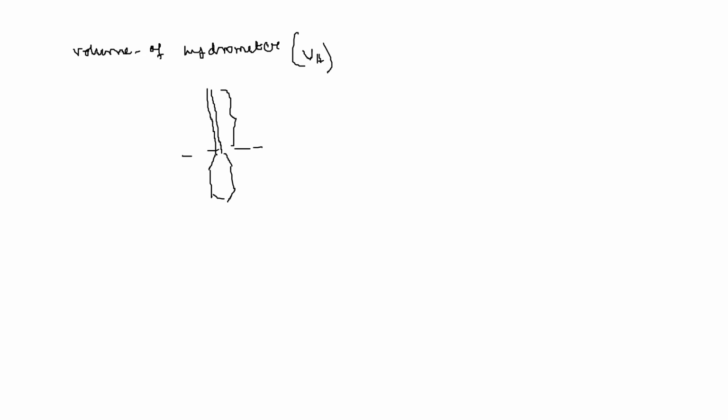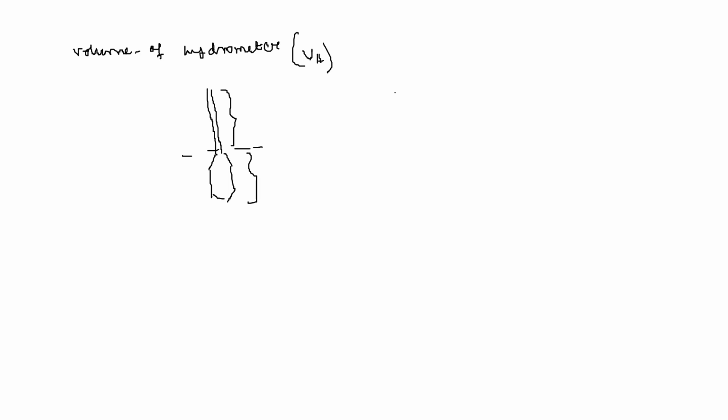So before we determine the effective depth, first let us find out the volume of the hydrometer, suppose it is represented by VH. To measure the volume of the hydrometer, we must keep in mind that we neglect the volume of the stem and only consider the volume of the bulb.